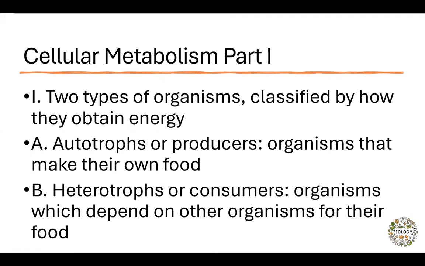We have to understand, first of all, the difference between heterotrophs and autotrophs. Autotrophs are organisms that prepare their own food through the process of photosynthesis. Heterotrophs are organisms that cannot prepare their own food, and they depend upon autotrophs for nutrition.